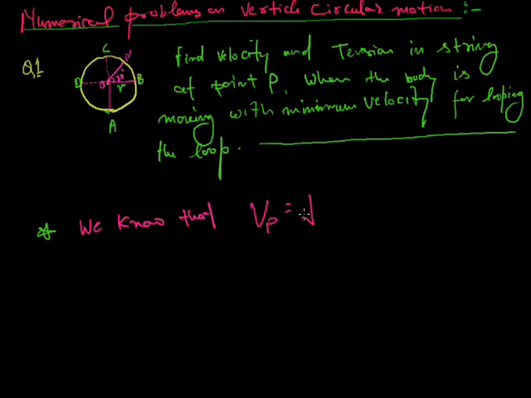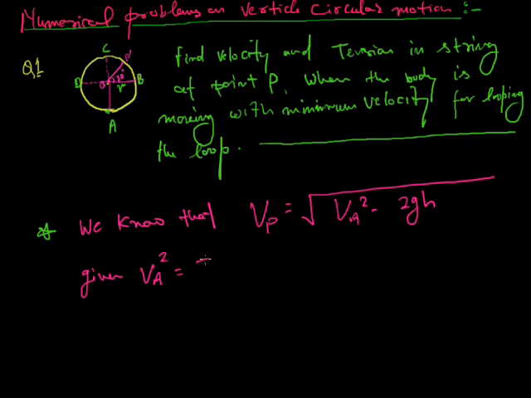Vp square is equal to Va square minus 2gh. Given Va square is equal to 5gr and h is to be found. This will be h.